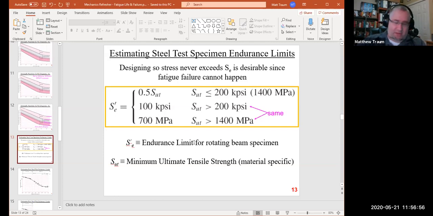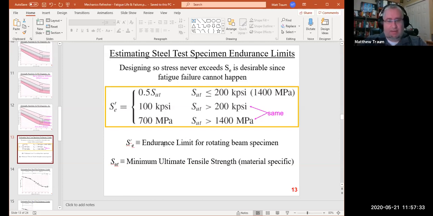In your mechanics and materials class, you've probably already talked about this, so I won't share the geometry with you. You can look it up. There's a very specific specimen for which this SN diagram is developed. Once you run the experiment on this particular geometry, you can back out everything else you need to develop an approximated SN diagram for more complicated parts.